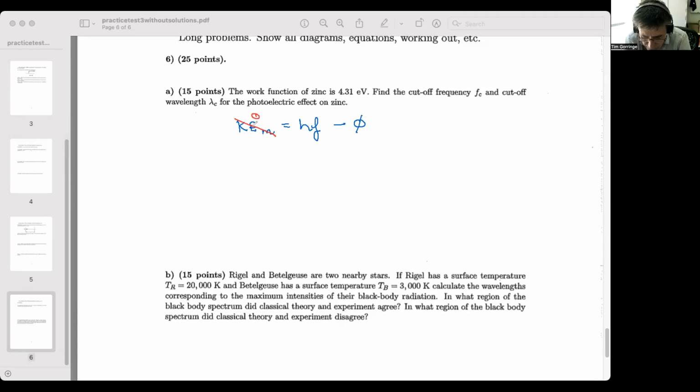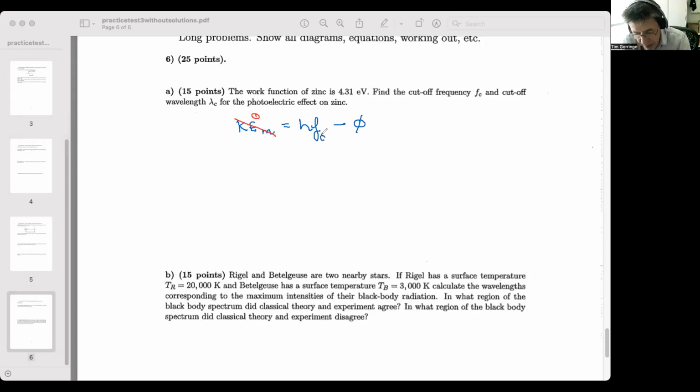This is that special threshold where we're just able to get an electron out of the metal with the energy of our photons. It's just enough to lift it out, but it gives it no extra kinetic energy. This is the special case that defines the cutoff frequency and the cutoff wavelength.